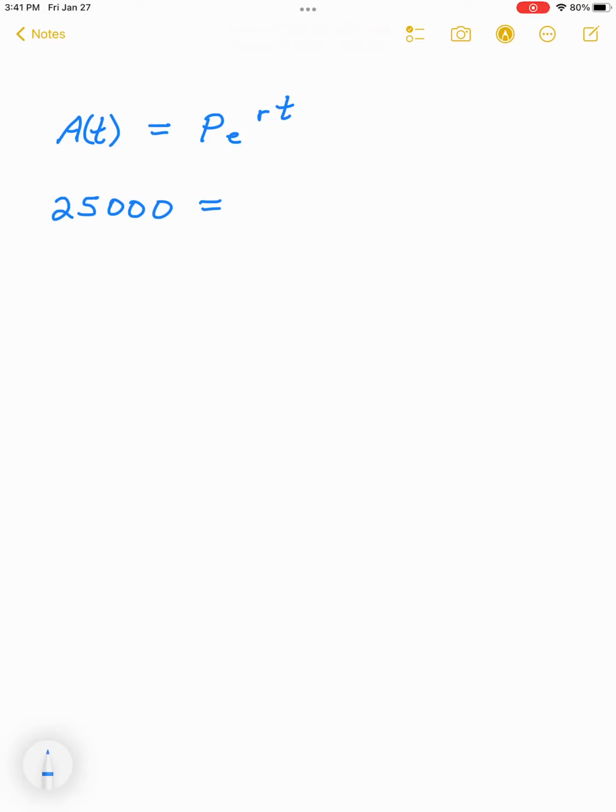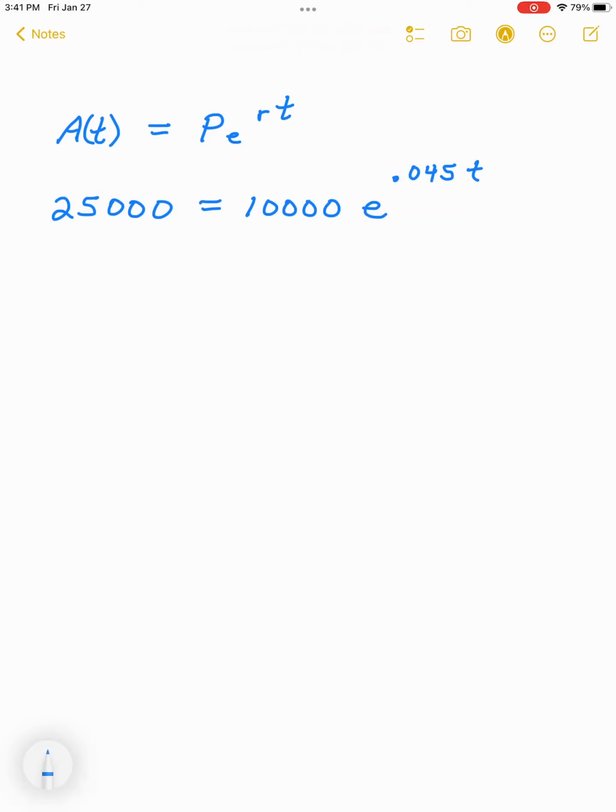The P represents the initial investment, so that's your 10,000, and that's being multiplied by e raised to the 0.045, because 4.5% as a decimal is 0.045, and then that's being multiplied by t. So there's everything plugged in. Of course we don't know the time, so we left that as t, and we're going to solve for the t.